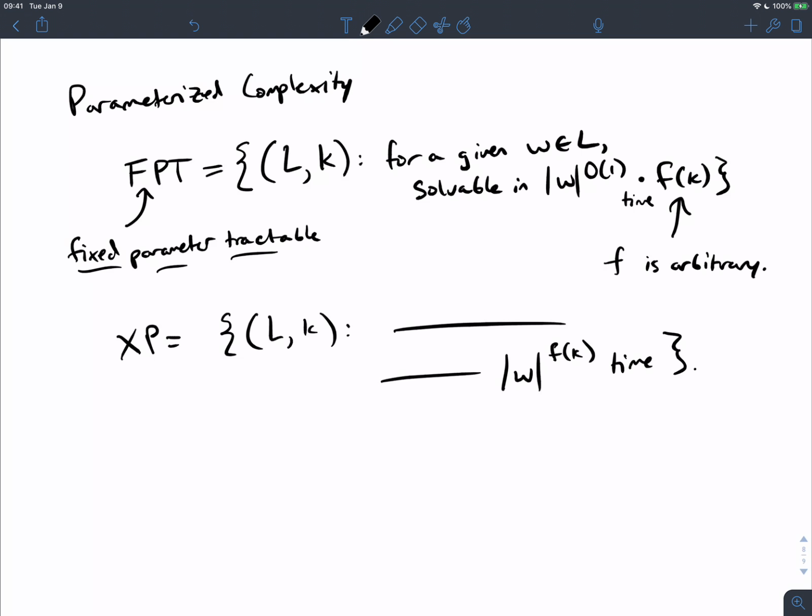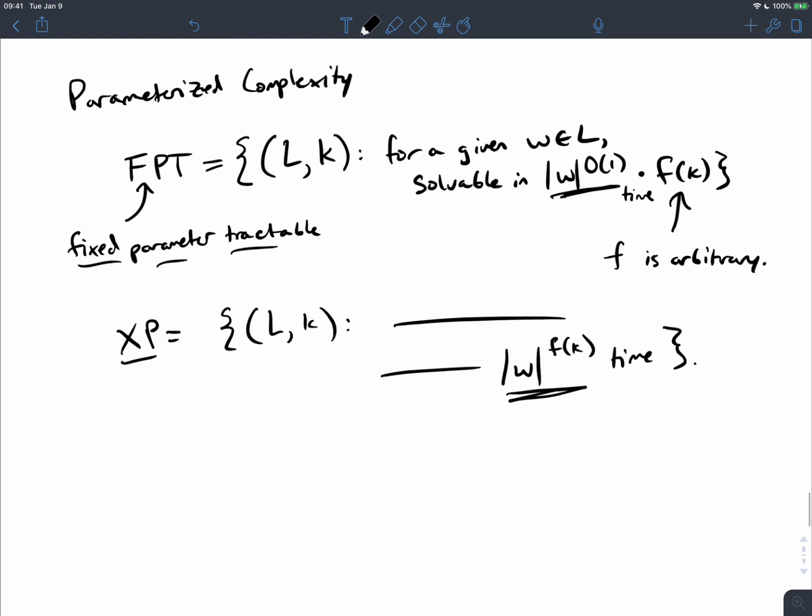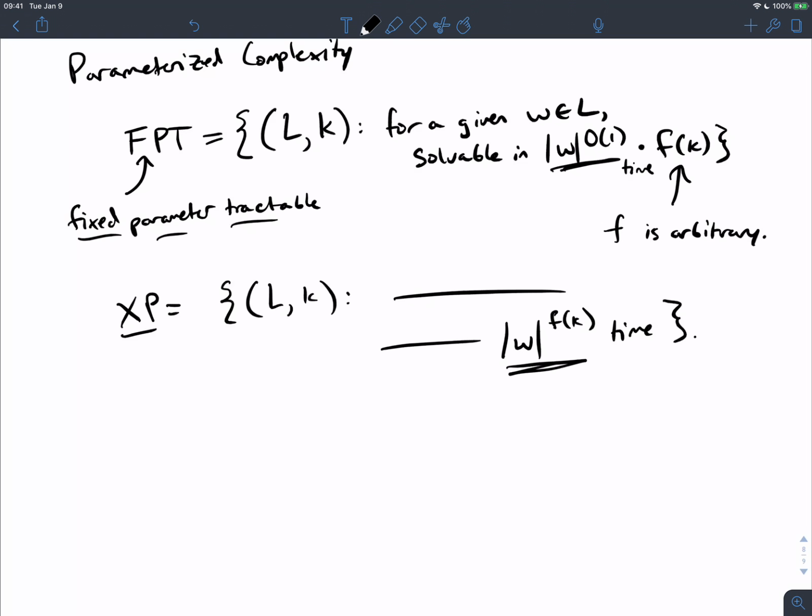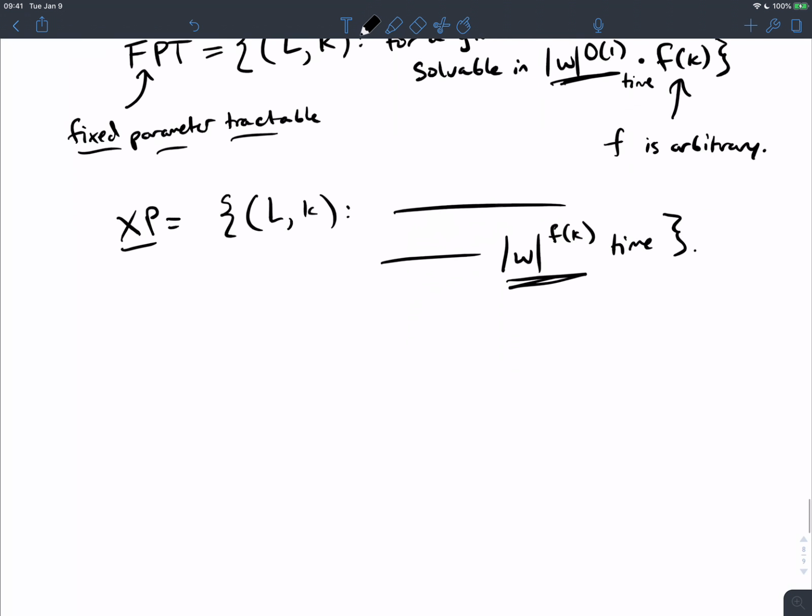It seems pretty clear that XP contains FPT, because FPT insists that you have a polynomial runtime in the size of the input, whereas XP can be arbitrarily slow. It can be any arbitrary function in the exponent there. I do know why it's called XP, but it's actually called slice-wise polynomial. But you don't need to know that.